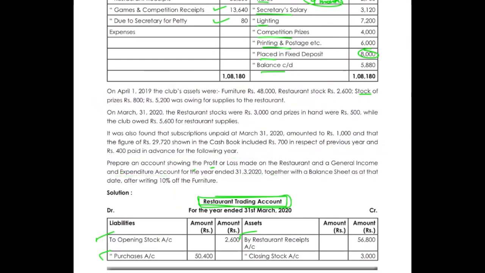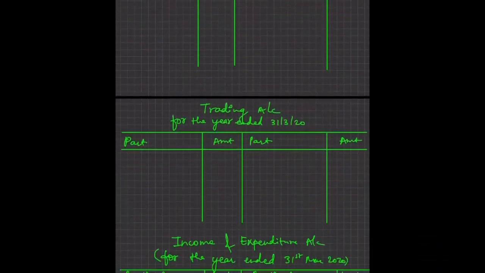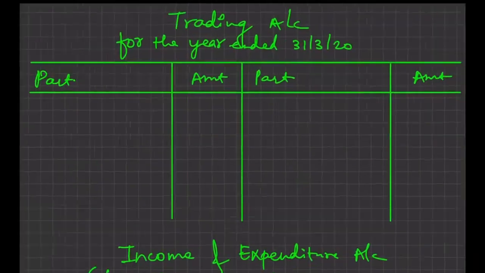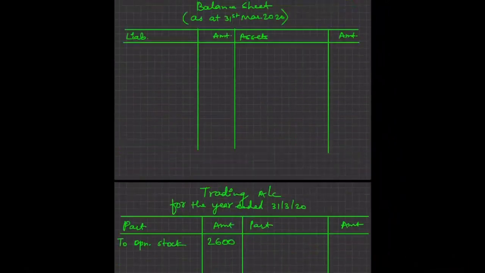So we have done furniture 48,000, restaurant stock 2,600, restaurant stock 2,600. And for this, I want a trading account also. So in my trading account, two opening stock of your restaurant, that is 2,600. That's what I have mentioned right now.